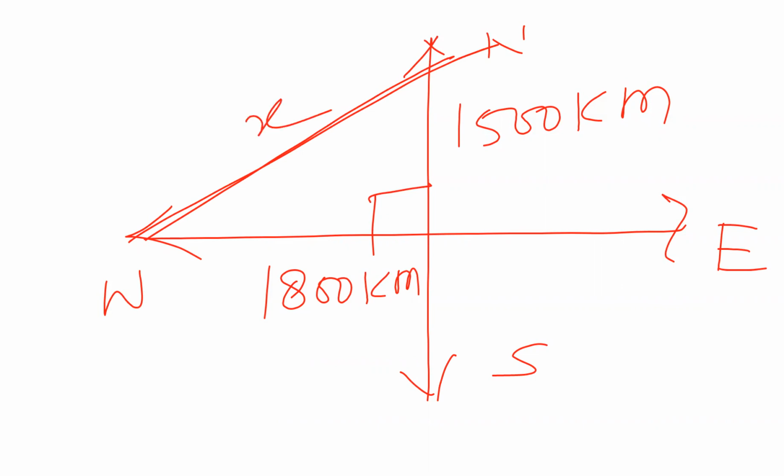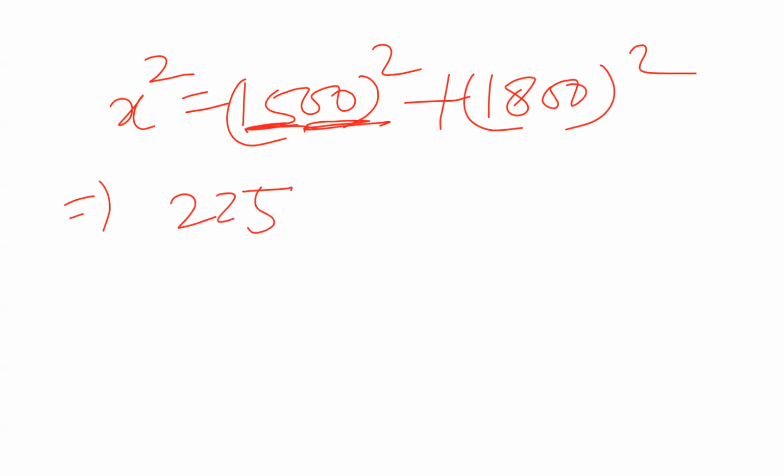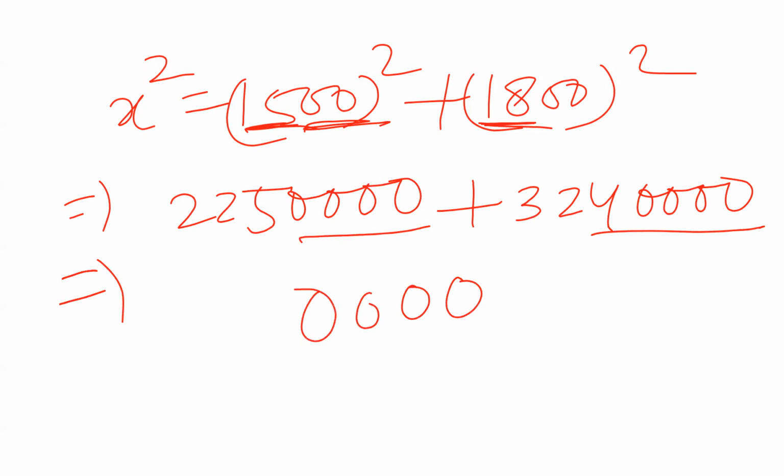Only calculation is there. x² will be equal to 1500² plus 1800². Now 15² is 225, and how many zeros? 0 0, 4 zeros, correct. 18 into 18 is 324. How many zeros? 4 zeros. Now these will add up and 4 plus 5 will be 9.